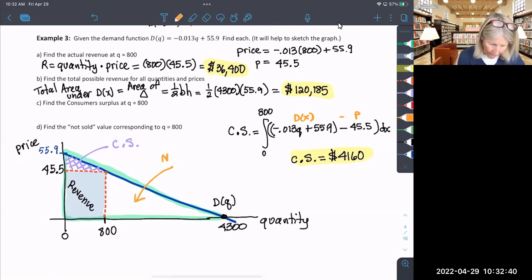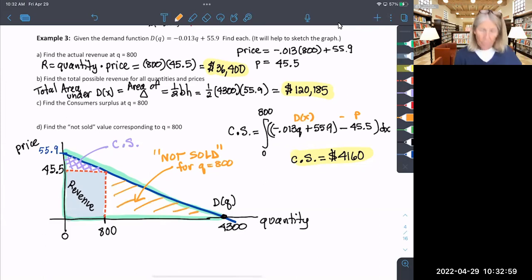Okay, so I'll highlight it kind of yellow. This would be the quote unquote, the not sold value or quantity for Q is 800. Right, so if your quantity is 800, this little section here would be the not sold area.